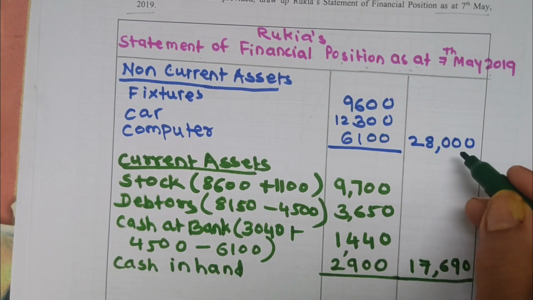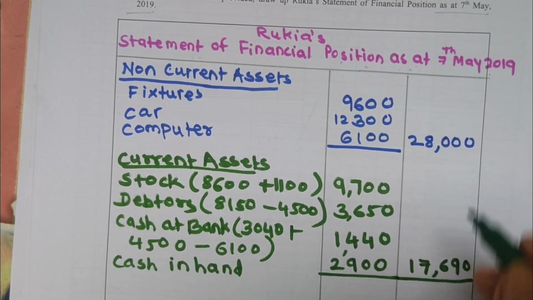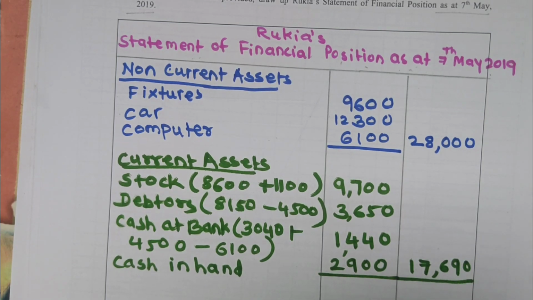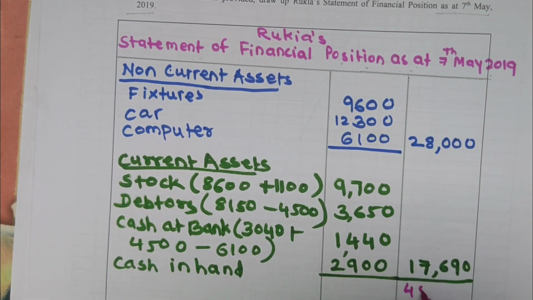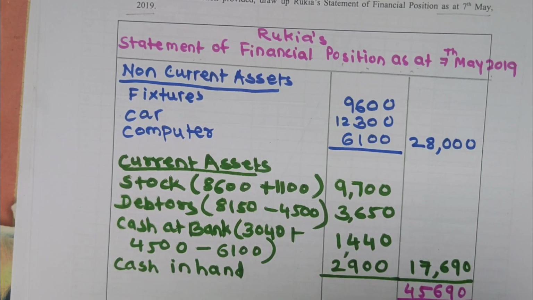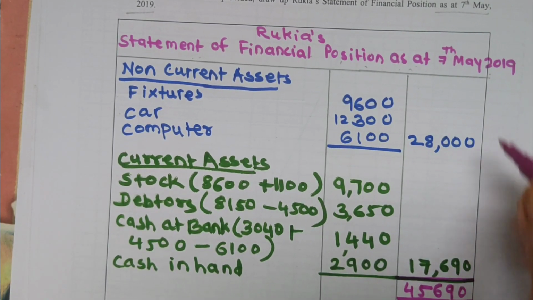Then we have to add this non-current asset 28,000 and current asset 17,690. So we get 45,690.